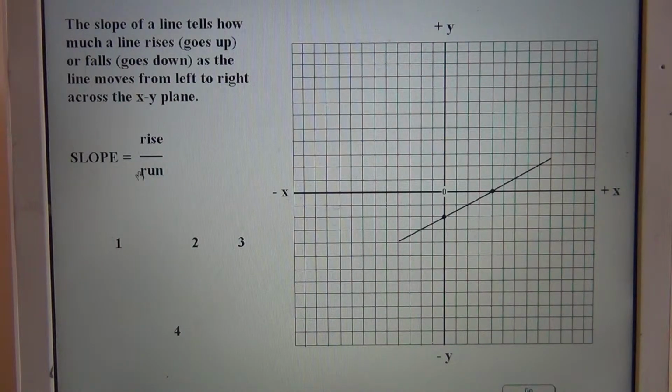Rise means movement up on the y-axis. Run means movement across on the x-axis.